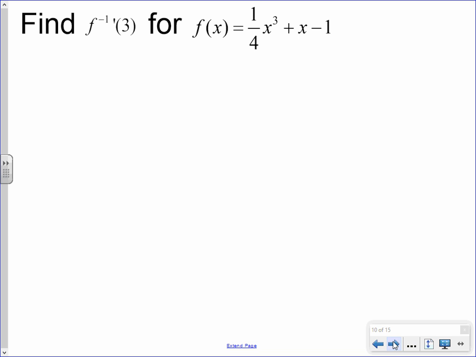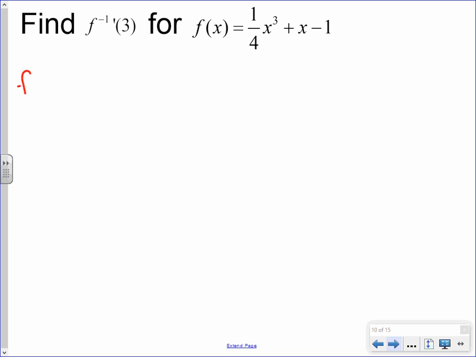All right, here's our first example. I'm going to write our rule here at the top.